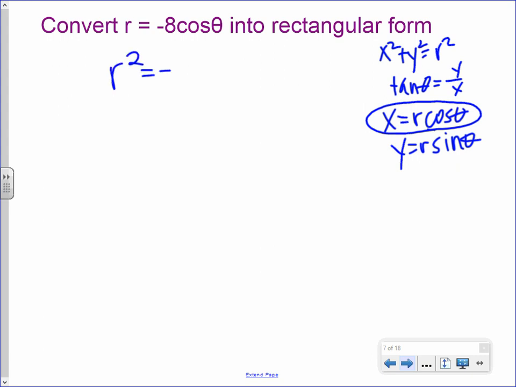Are we allowed to multiply both sides by a number? Oh. x squared plus y squared is negative 8x.